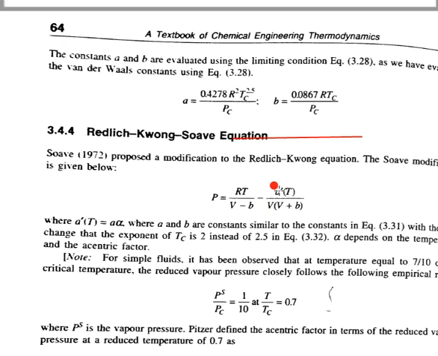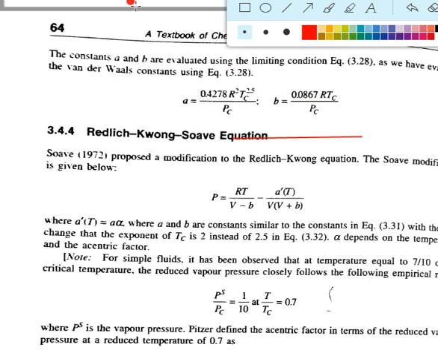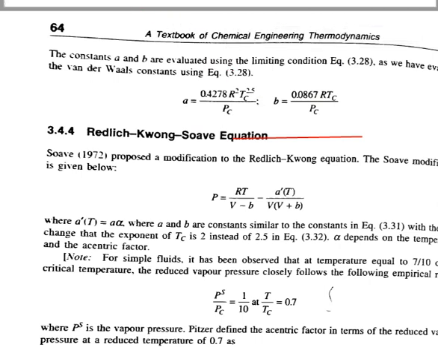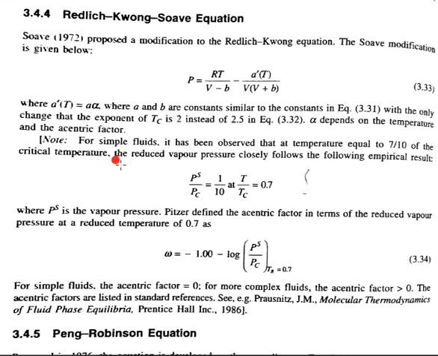The values of a and b are constants, and the Tc term will be changed instead of equation 2.5. Equation 2.5 now depends on alpha, the temperature and the eccentric factor, so that should be considered as equation 3.32, and alpha depends upon the temperature and the eccentric factor.